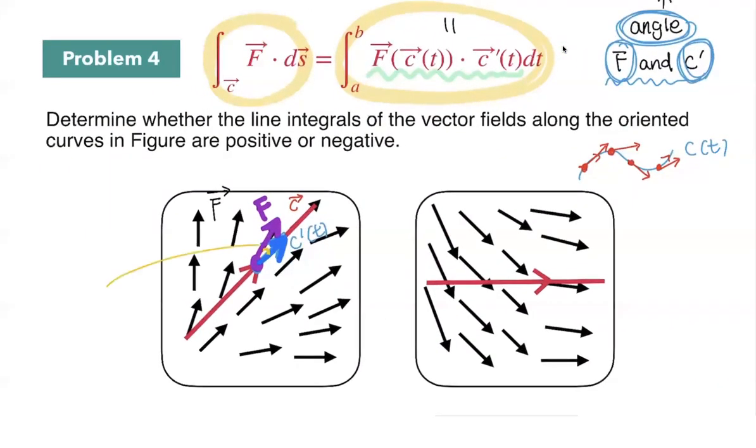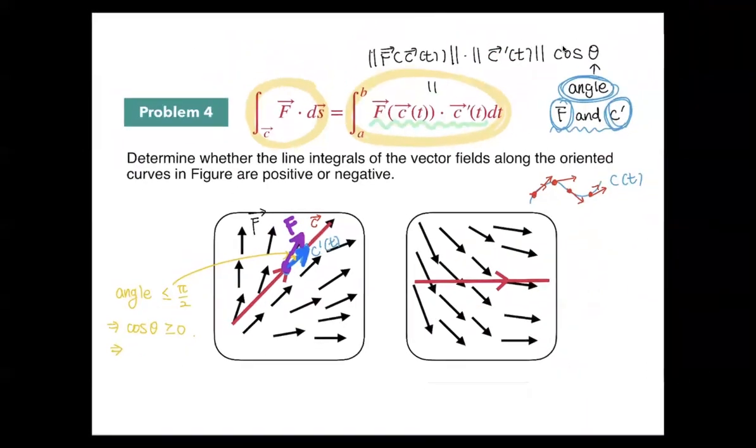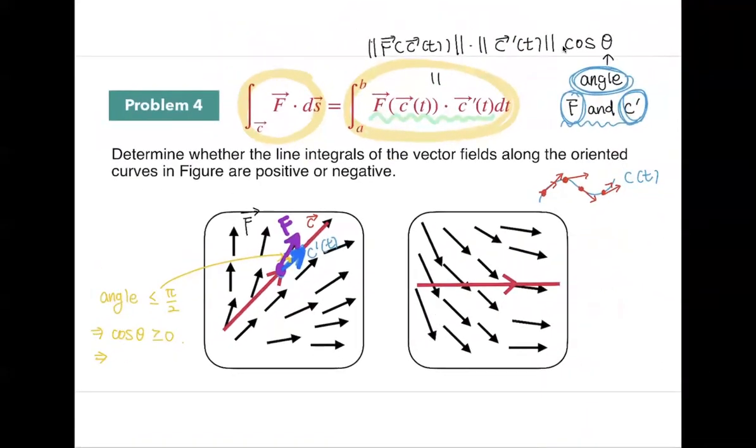So this angle is less than or equal to pi over 2, so our cosine theta must be positive. So it means that our integrand, f dot c prime of t, is bigger than 0.